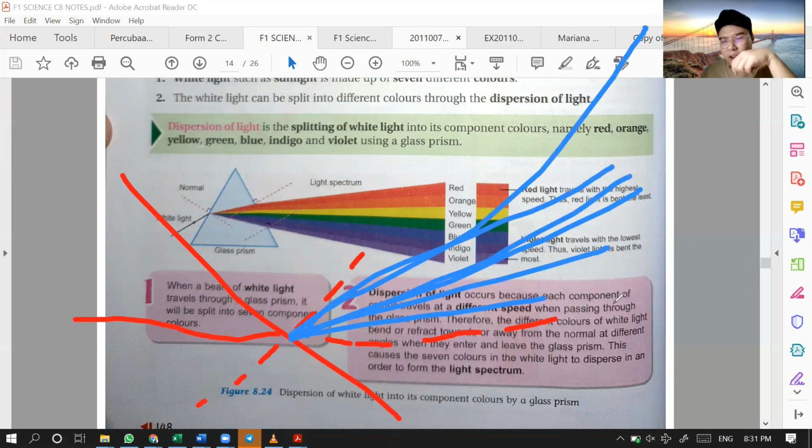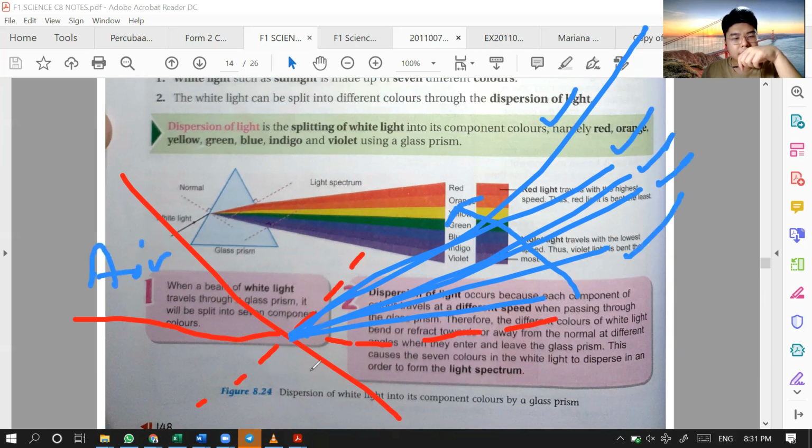All of these are called refraction, because it's going towards the normal line. Because this is the air, this is the glass, there is no choice. There will be refraction. The question is, how much does it refract?